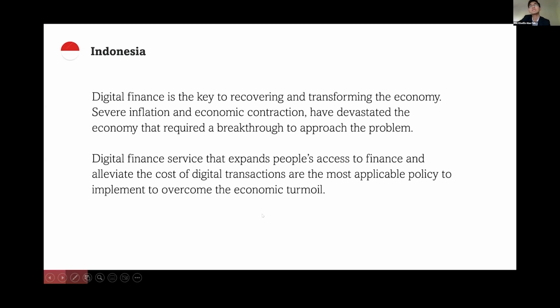So digital financial services that expand people's access to finance and lower the cost of digital transactions are the most applicable policy to overcome the economic turmoil, especially for Indonesia. We know there are many remote areas, and it is quite difficult for banks to open a branch in remote areas. So implementing digital payment in rural areas is very relevant.